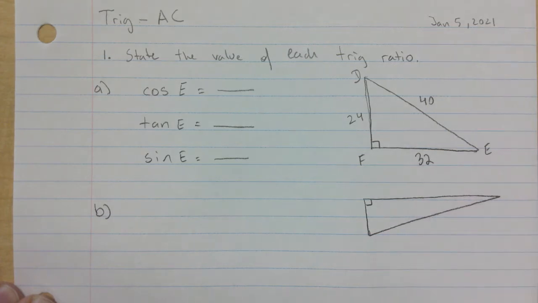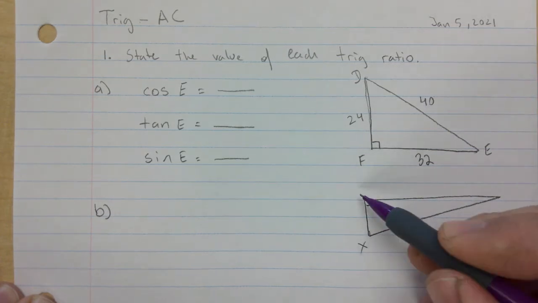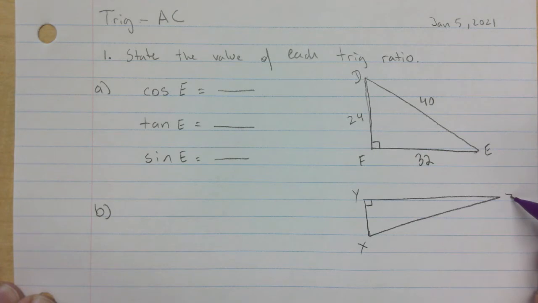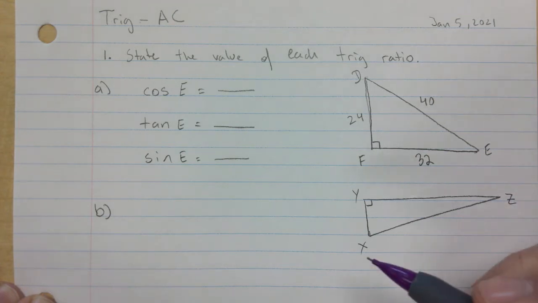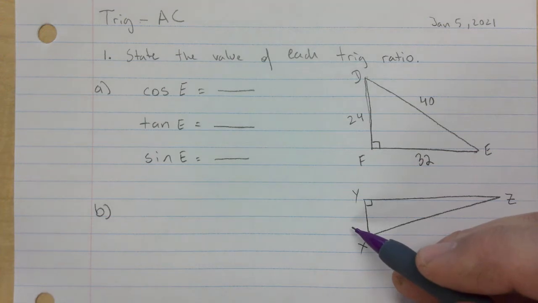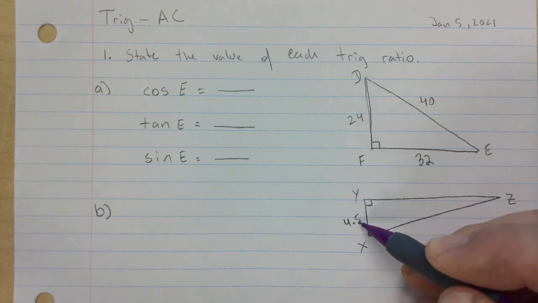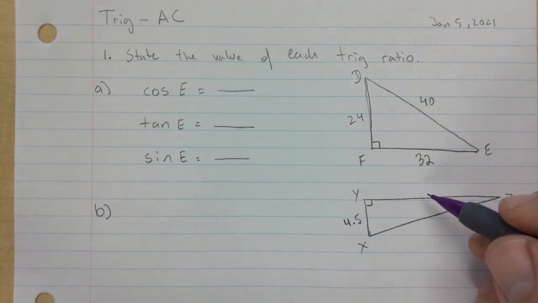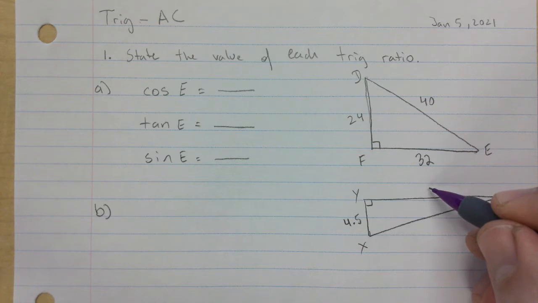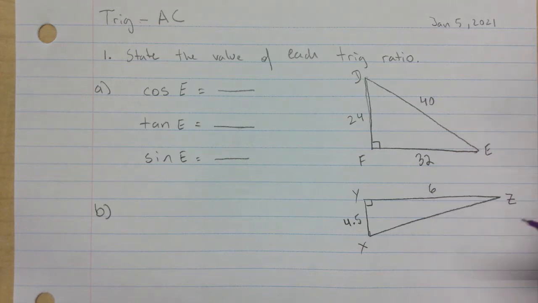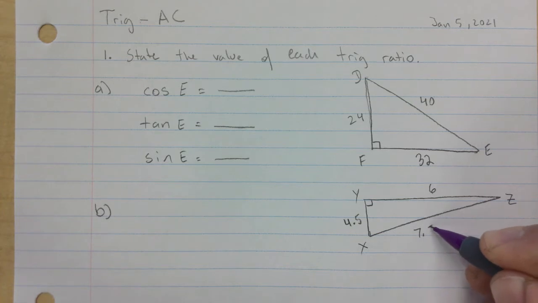So this one, let's call that X, Y, Z. And we'll put numbers 4.5, 6, 7.5.